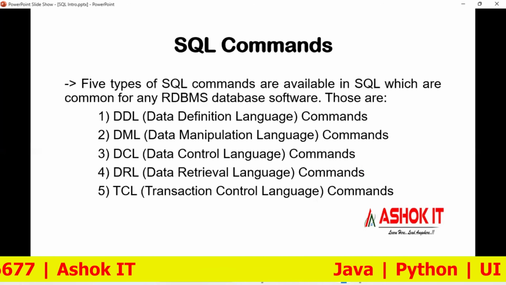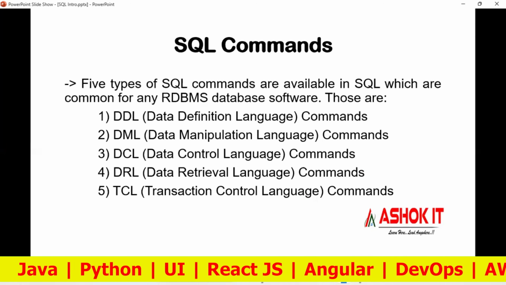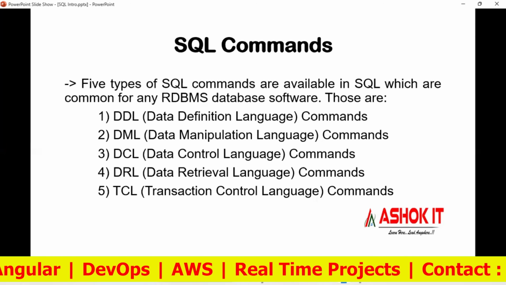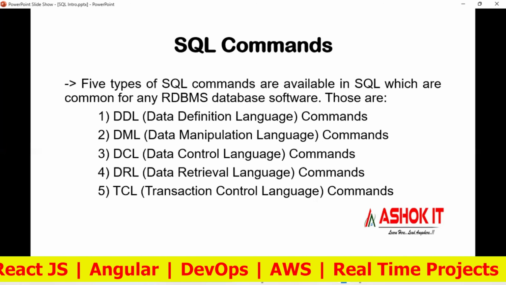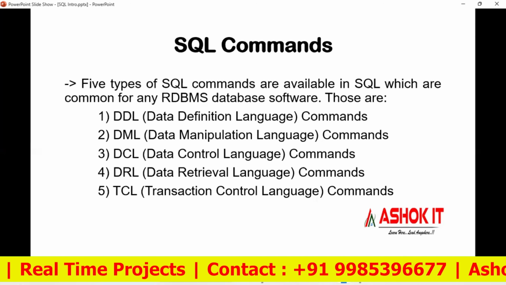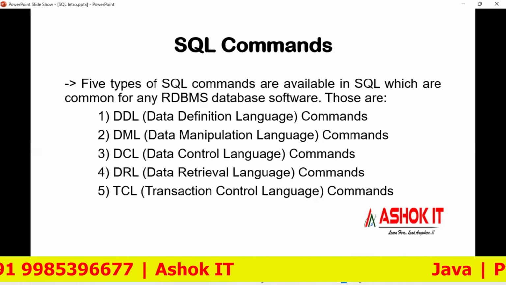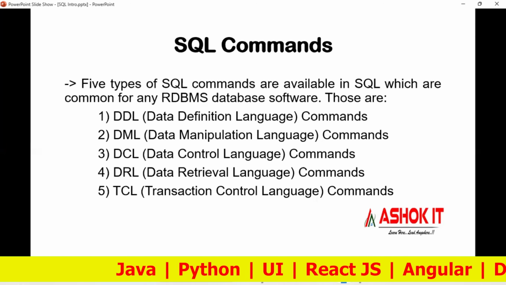One is DDL commands, data definition language commands. DML commands, data manipulation language commands. DCL commands, data control language commands. DRL commands, data retrieval language commands. And TCL commands, transaction control language commands. So there are a total of 5 types of commands.